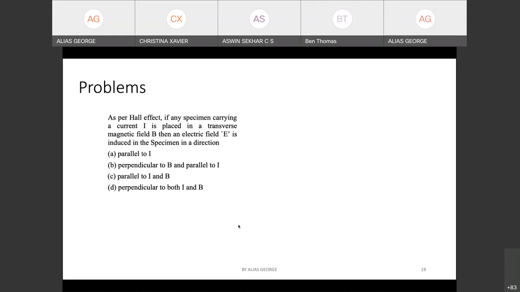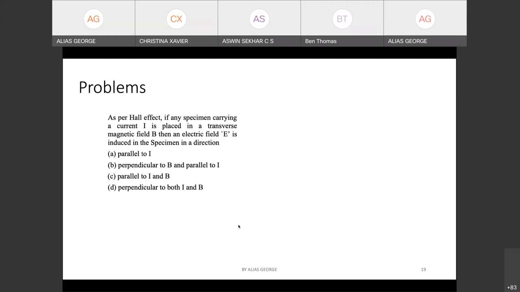Please read this question and try to answer. As per Hall effect, if any specimen carrying a current I is placed in a transverse magnetic field B, then an electric field E is induced in the specimen in a direction.